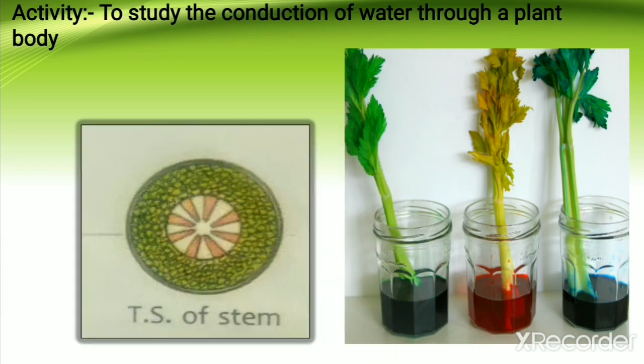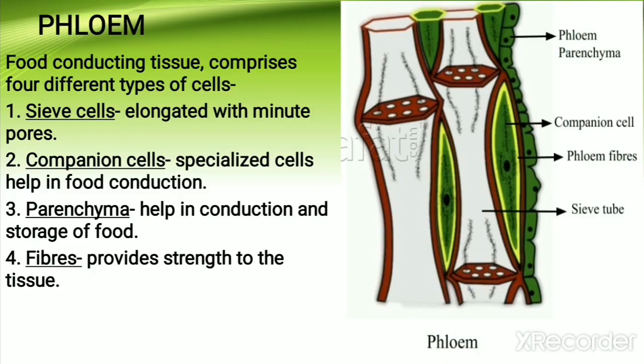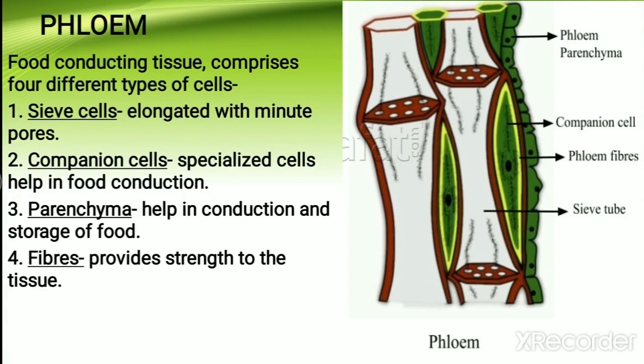Now come to the next complex tissue, that is phloem. Phloem is a food conducting tissue, and it comprises four different types of cells. Just like xylem, it also has four different types of cells, but here sieve cells and companion cells are different. Parenchyma and fibers are the same in both. So here the main tube will be constructed by the sieve cells, which are elongated cells with minute pores at their end.